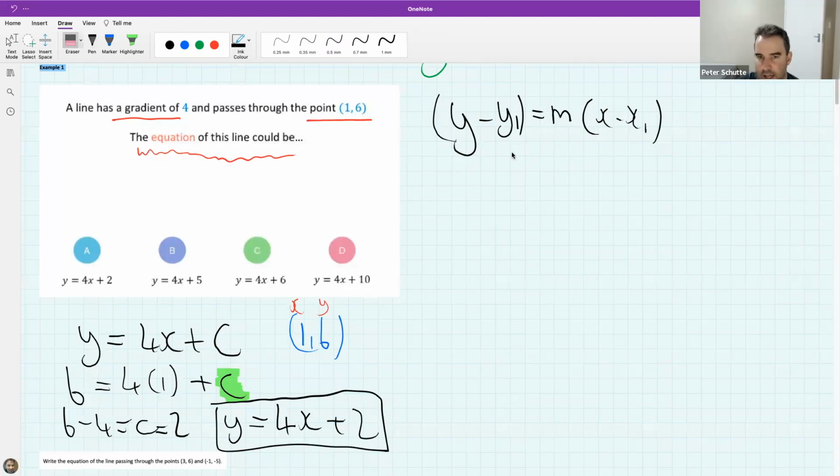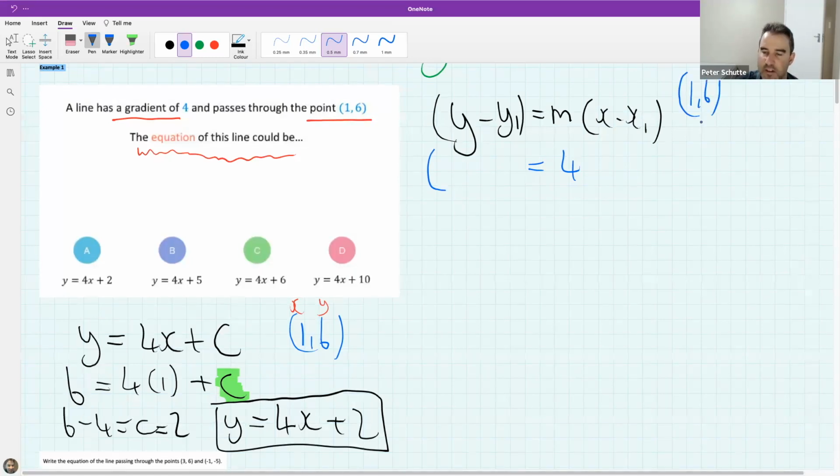And then what we do is we write in our gradient, which was 4, and then we need to use a point on the line. And we've got that point, it's (1,6). And so we just go y minus 6. And so you can notice how I've subbed in this bit here.